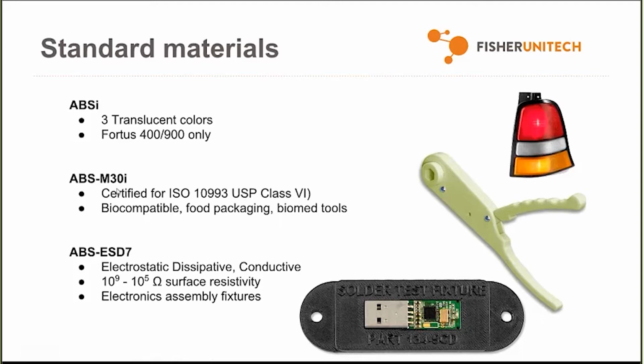Actually, that 7 in the name refers to the target resistivity, 10 to the 7th ohms, plus or minus 10 to the 2nd. Anyway, this is really great material for use in assembly and testing fixtures for electronics, since it'll keep that static from building up, keep it from discharging onto your sensitive electrical components.